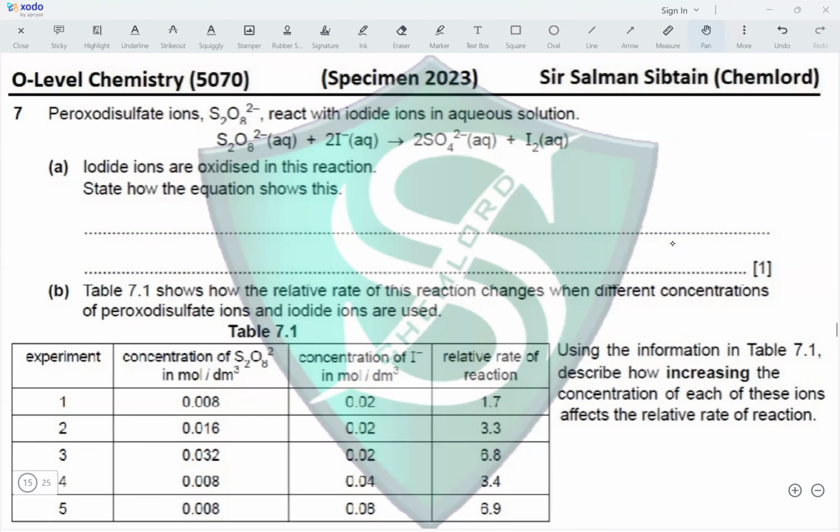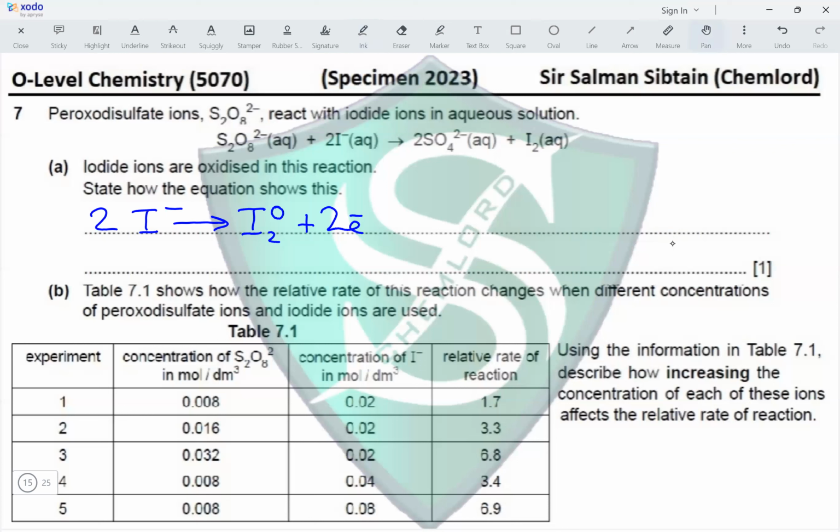So we have got iodide ions that are being converted into iodine. Iodide ions have a negative charge, whereas iodine has a charge of 0, which means the iodide ions lost an electron.